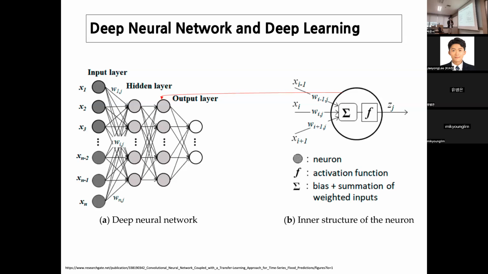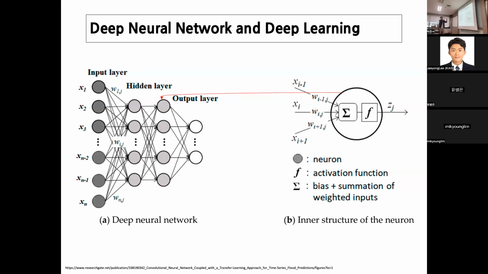So deep learning means that we find the optimal weight and bias that make this neural network approximate the target function. As you already heard, deep neural networks can approximate many complicated functions.